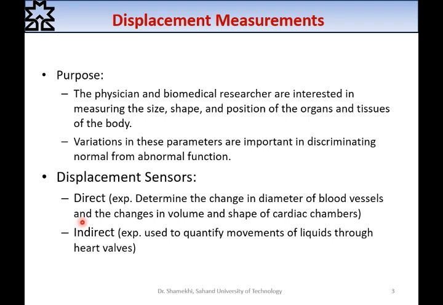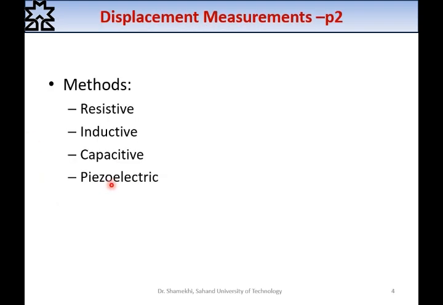And for indirect measuring, for example, we can use some secondary parameters to quantify movement of liquids through heart valves. For these types of measurements, we will use four methods. The first one, resistive methods. The second one is inductive. The next one is capacitive. And the last one is piezoelectric sensors.